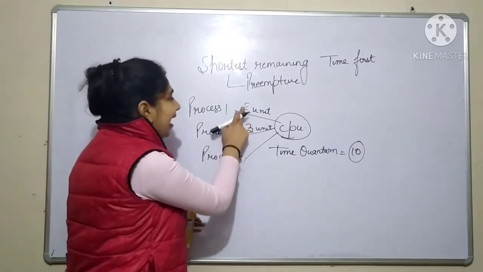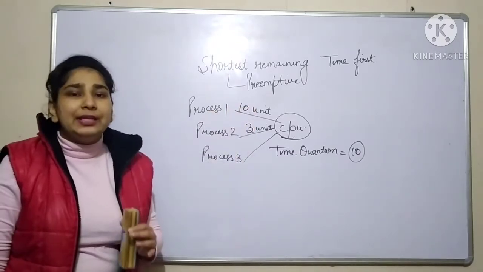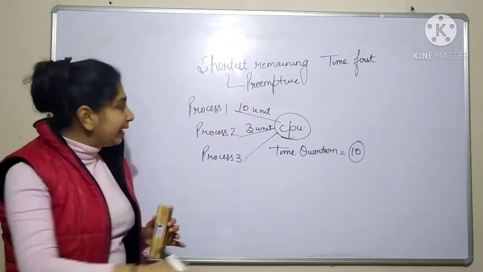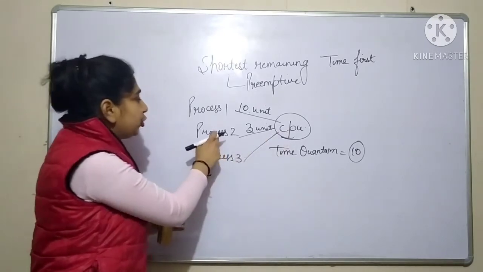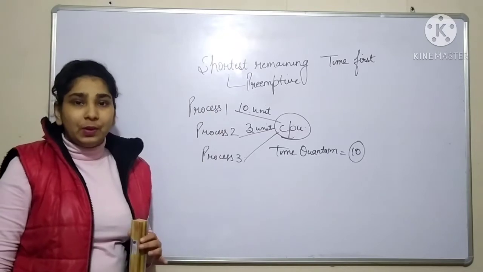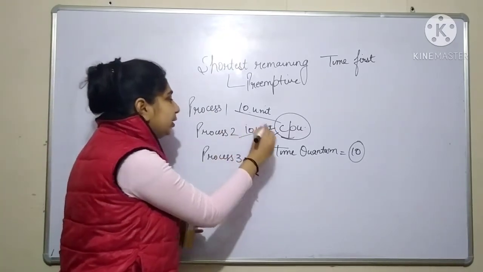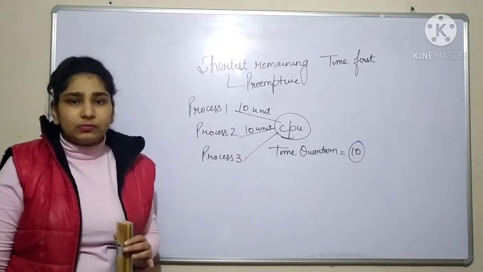If you have allocated your CPU to process 1 for 10 units of time, you cannot give the CPU to process 2 before 10 units. So process 2 has to wait for 10 units of time.